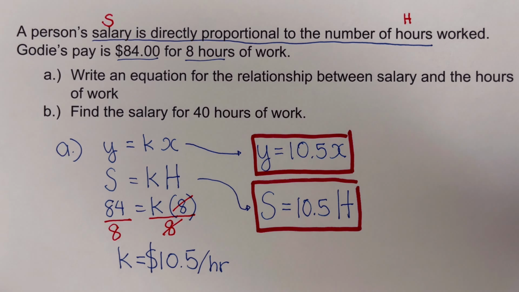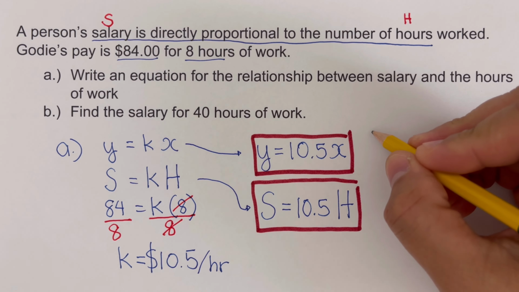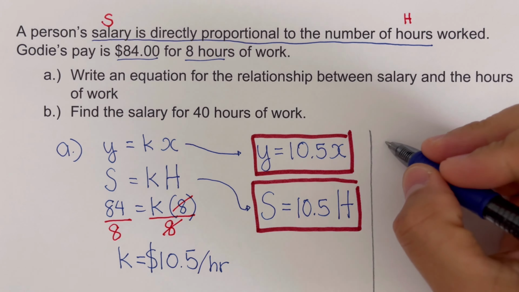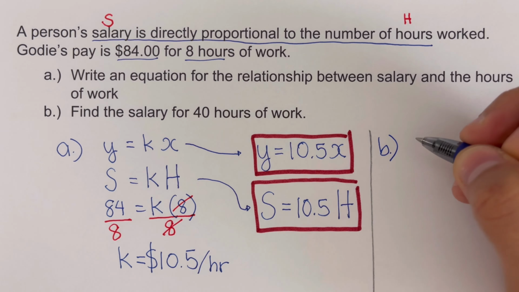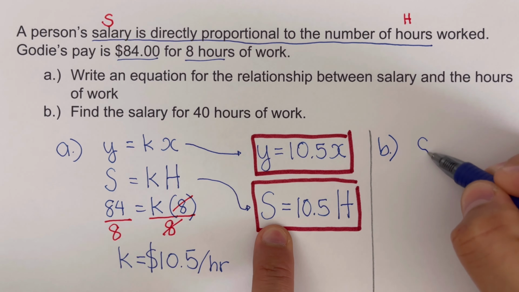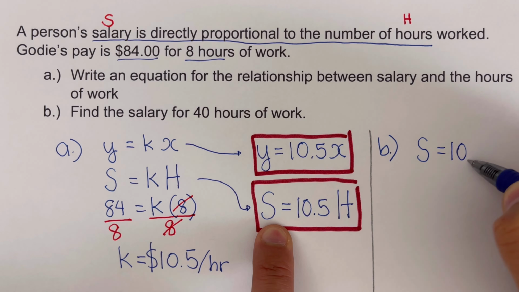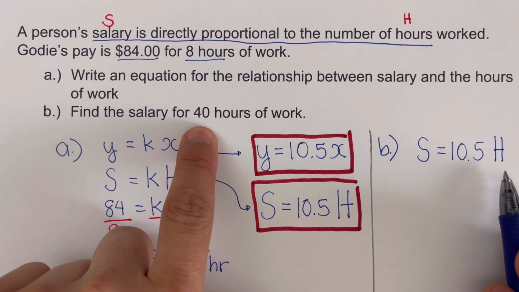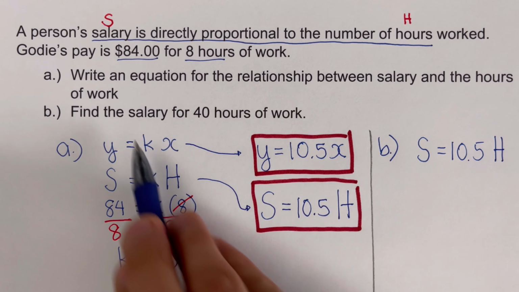Now, in the second problem, we are supposed to determine the salary for working 40 hours. So for letter B, I'm just going to show the work down here. I'm going to use this equation, S equals 10.5H. Since in this problem it was 40 hours, I plug in 40 here and we find the salary.